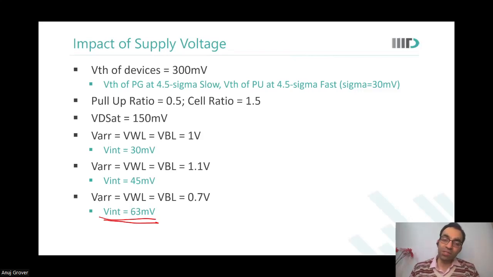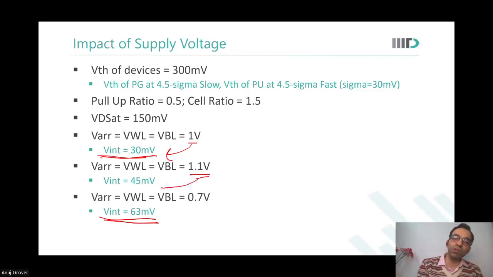See, pull-up is in saturation region. Pass gate is in linear region. As you reduce the supply voltage, pass gate goes into still more resistive mode. Pull-up is still operating in saturation. So my Vint actually increases. You see, Vint is lowest when VDD was 1 volt.